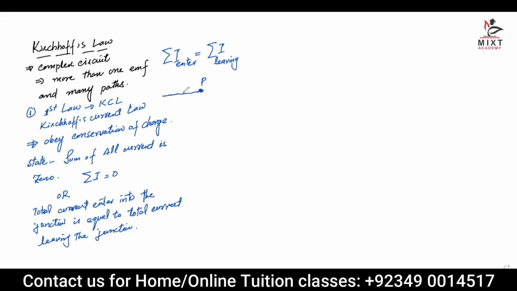This is a current coming into the junction, that is I1. The junction is the point where the path is going to divide, so those are the leaving currents. So the Kirchhoff law will be I1 equals I2 plus I3. This is Kirchhoff's first law.